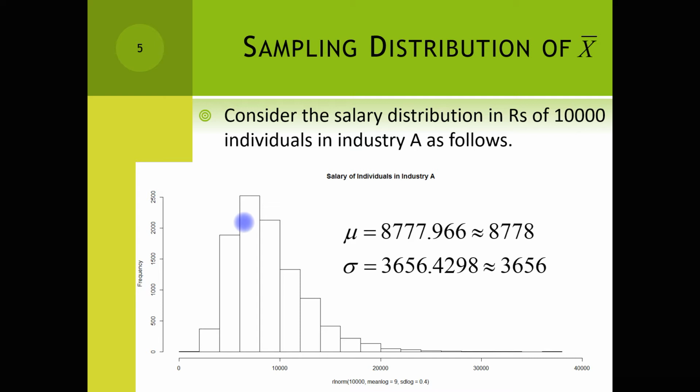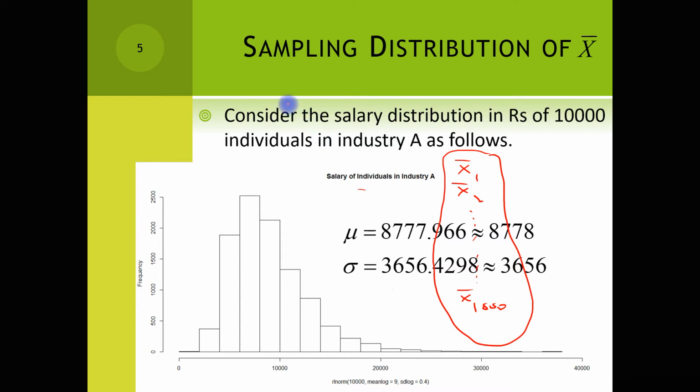So now, what do I want to do? As I just explained to you, you could have had different sample means. Let's suppose you have 1,000 samples that you took, 1,000 samples out of these 10,000. If you took 1,000 samples, you would have different values of x bar.